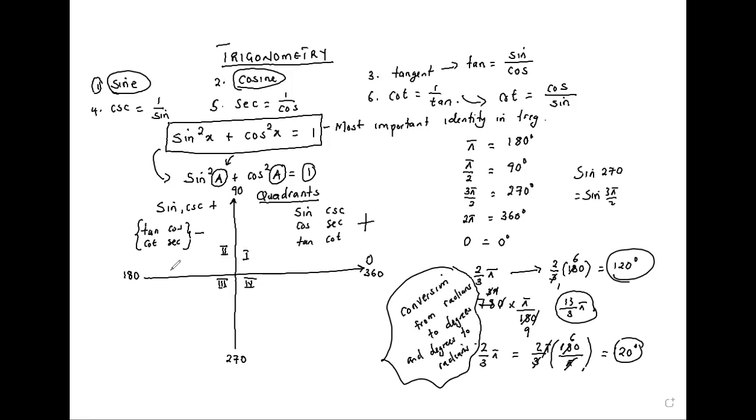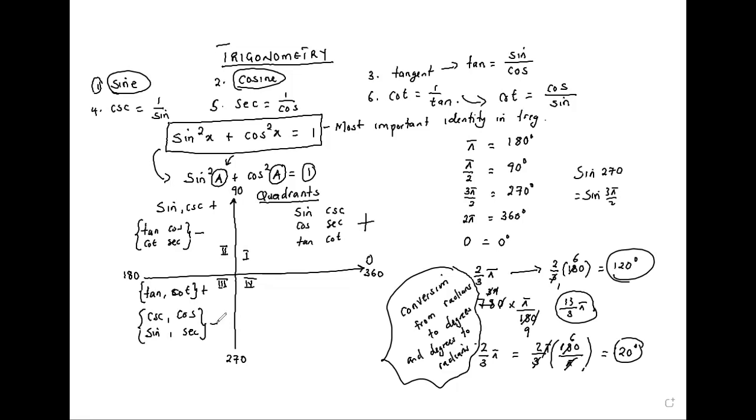In the third quadrant, we only have tan and cot. These will give us positive. The other ones, cosec, cos, sine, sec, will give us negative values.